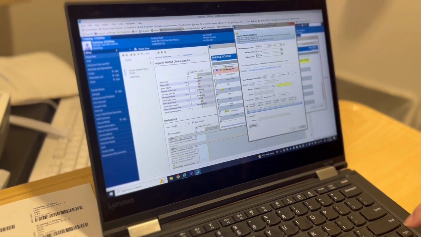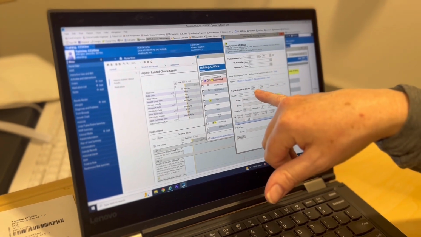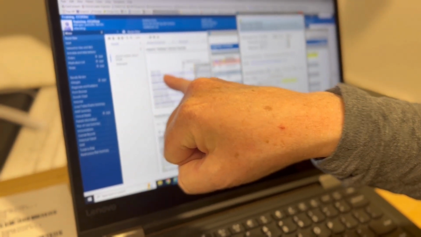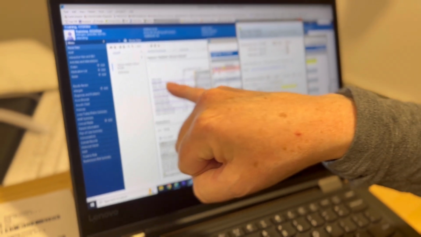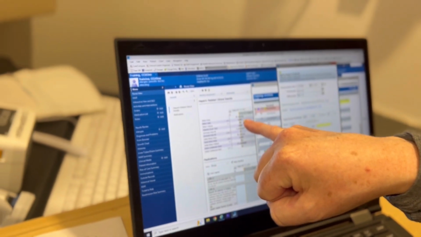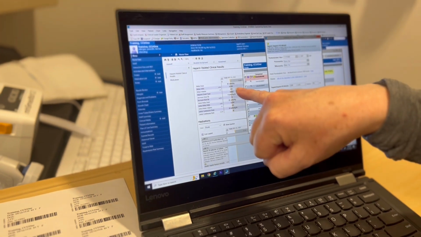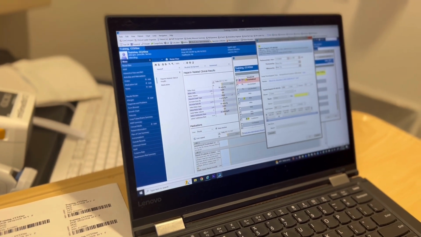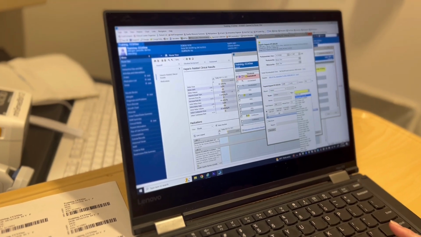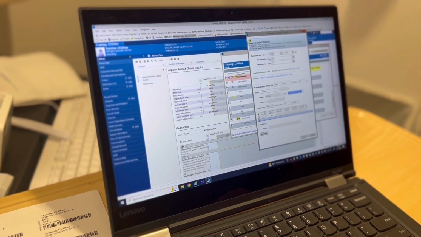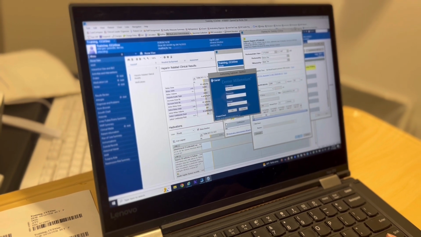It's already pre-programmed because this is my initial bolus. 8,000 units is what I'm giving. I look over here, bolus dose, 80 units per kilo, bolus units, 8,000. My 8,000 matches my 8,000 there, okay? So my site is going to be the same part where my IV is running, and I'm going to hit OK.